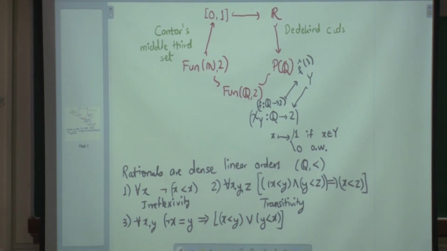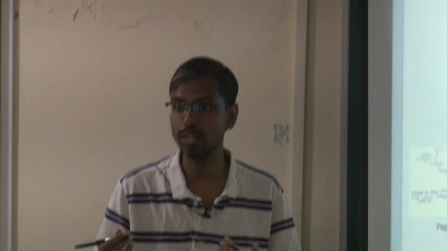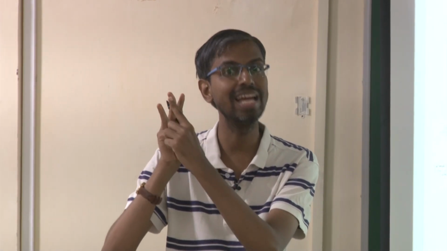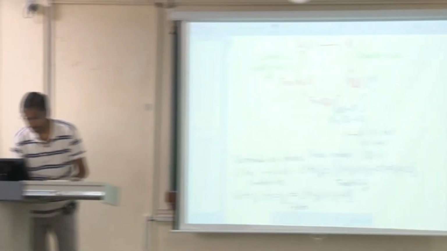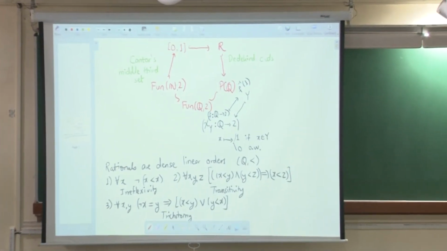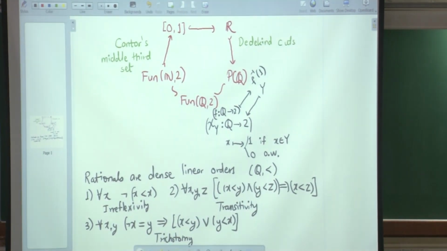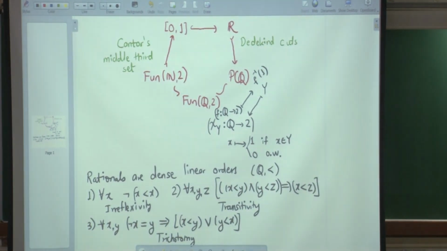Two numbers are always comparable. If they are distinct, then they are comparable. So actually there are three possibilities. First possibility is that two numbers are equal. Second possibility is that x is less than y, and third possibility is y is less than x, and therefore the right name is trichotomy. Trichotomy means three possibilities. It has to be one of the three possibilities.